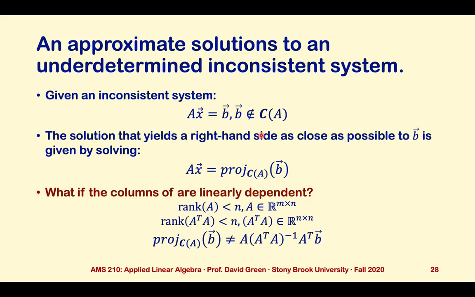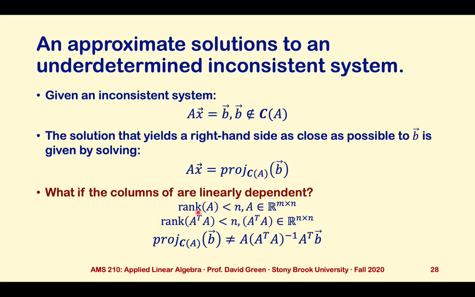This formulation is still well defined, but if the columns are linearly dependent, then we can't compute the projection in this same way. The rank of A would be less than n for an m by n matrix.